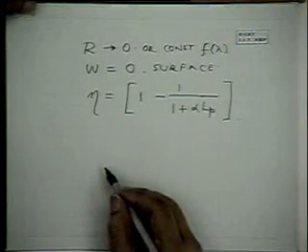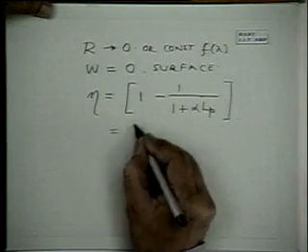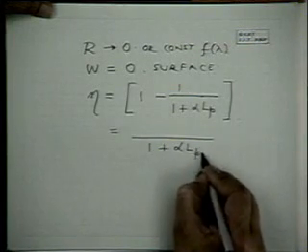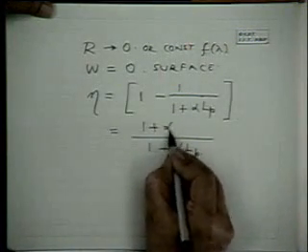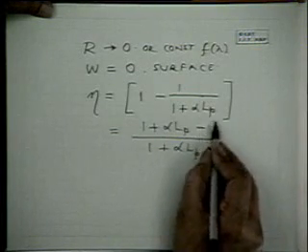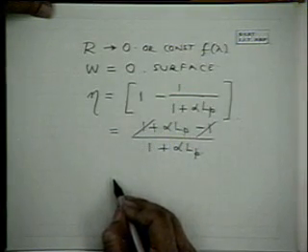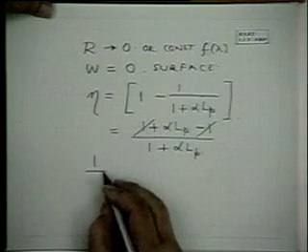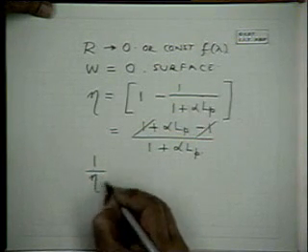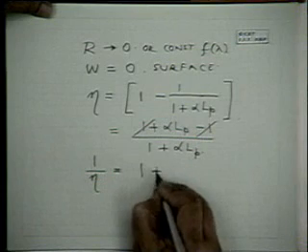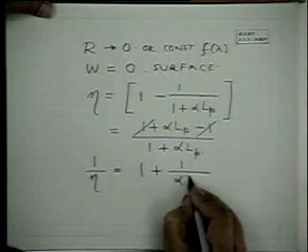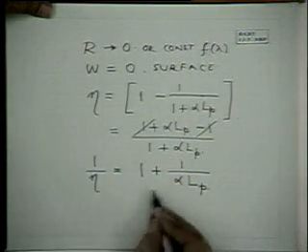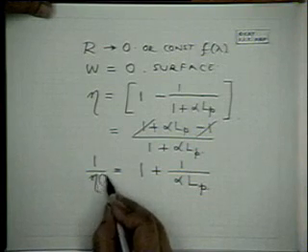And this we can easily rewrite as 1 by eta is equal to 1 plus 1 over alpha LP, where eta is a function of lambda.